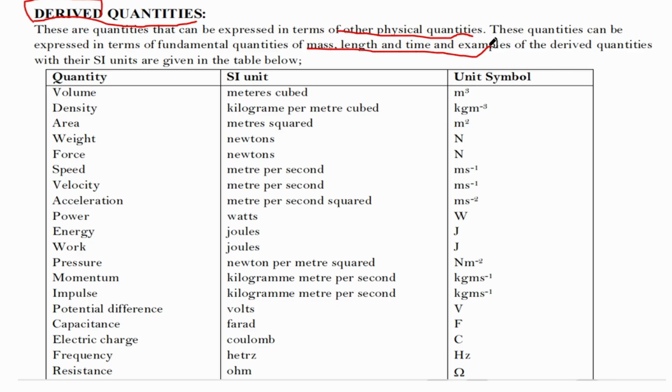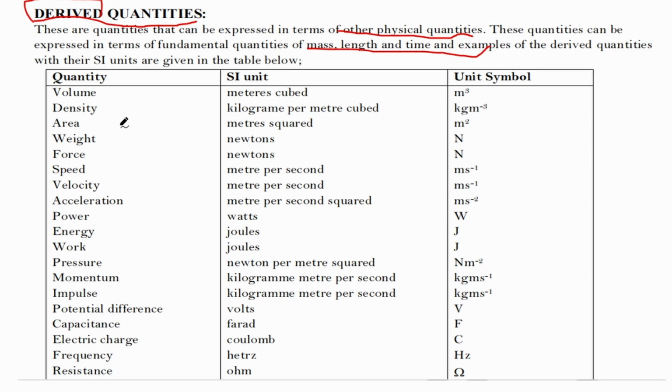So derived quantities, they are obtained from combinations of fundamental quantities, and we shall look at each of those quantities as we go on. But for now, what I want you to know is the derived quantities, they come from combining basic quantities.